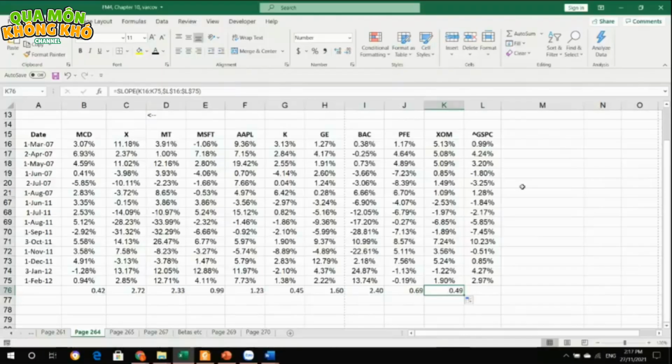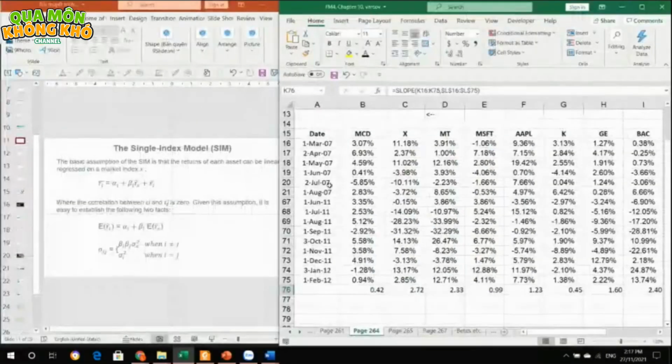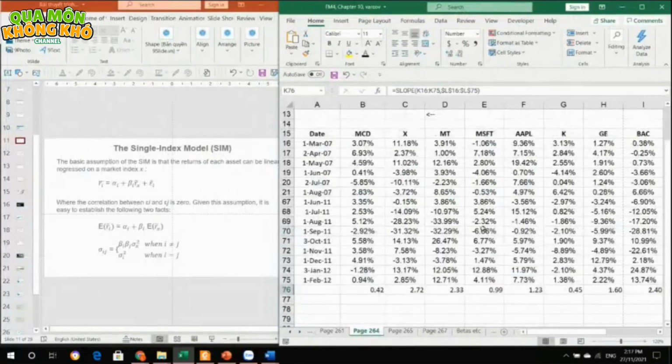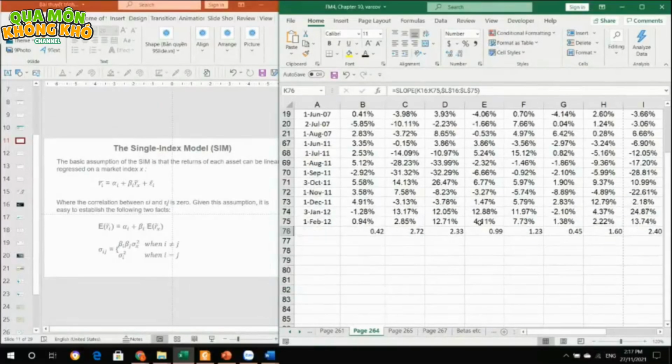And then the second step. The second step is the formula: sigma_ij equals beta_i times beta_j times the variance of the market.